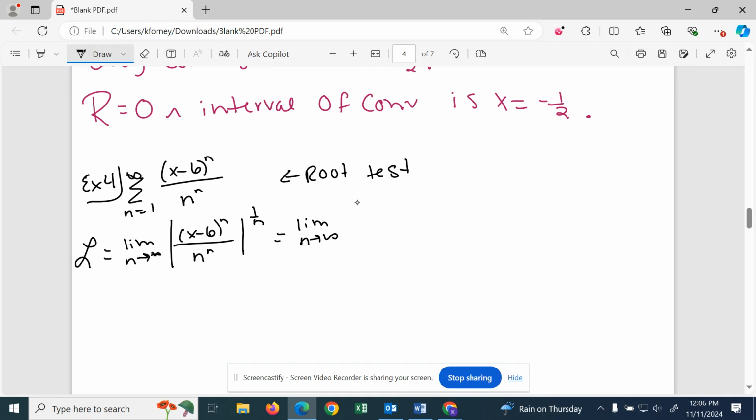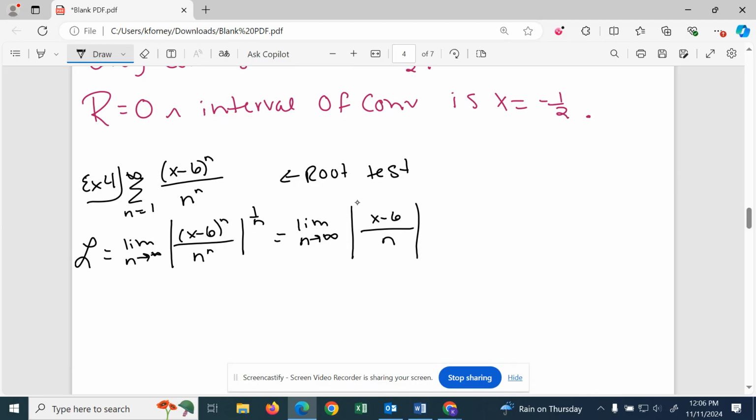So the limit as n approaches infinity, we would have x minus 6 over n. So what I did was I slid the 1 over n, and so n times 1 over n is 1.